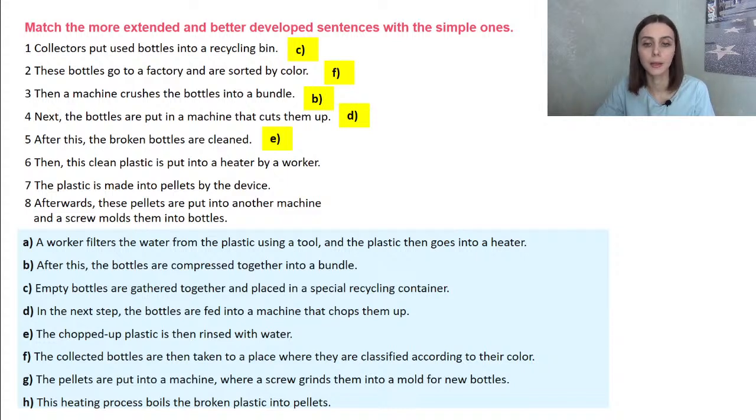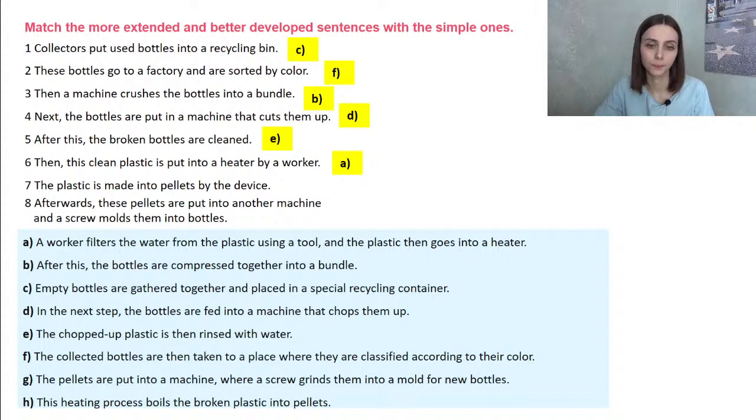Then this clean plastic is put into a heater by a worker. Alright, so the answer is A. A worker filters the water from the plastic using a tool, and the plastic then goes into a heater.